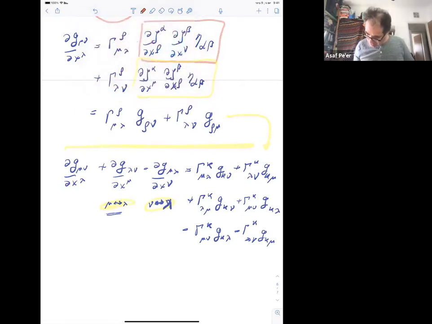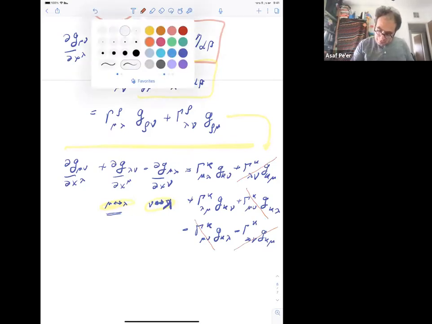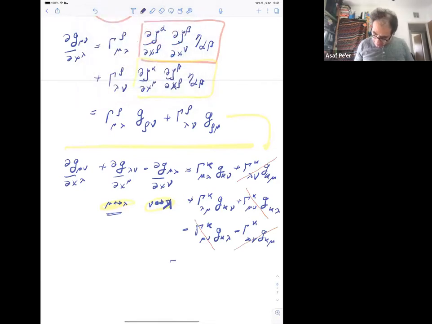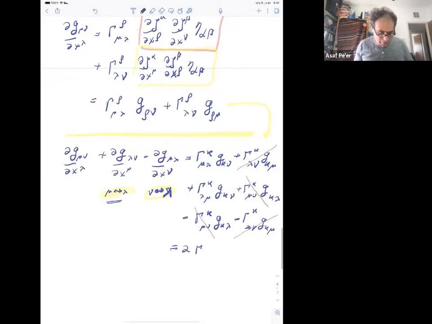So this guy and this guy cancel out. And this guy and this guy cancel out. And these two terms are the same. So we are left with 2 times gamma kappa lambda mu g kappa mu.